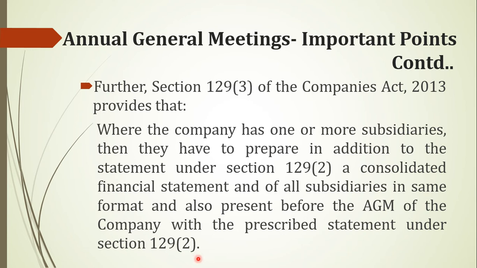So if a company is having one or more subsidiaries, then that company has to prepare its financial statement as provided under 129 subsection 2, and along with it, it has to lay that down in its AGM. Apart from that financial statement, it has to prepare a consolidated financial statement, and that also the board of directors has to lay down in the AGM. This is provided under section 129 subsection 3 of the Companies Act 2013.